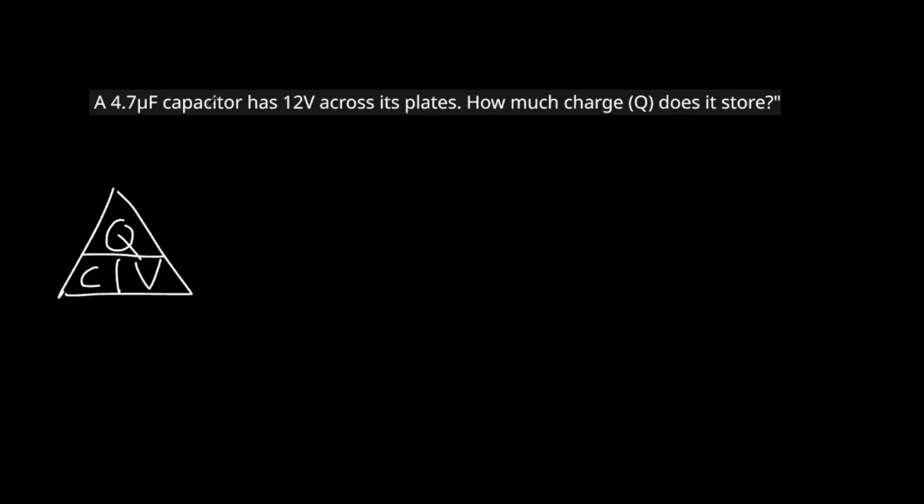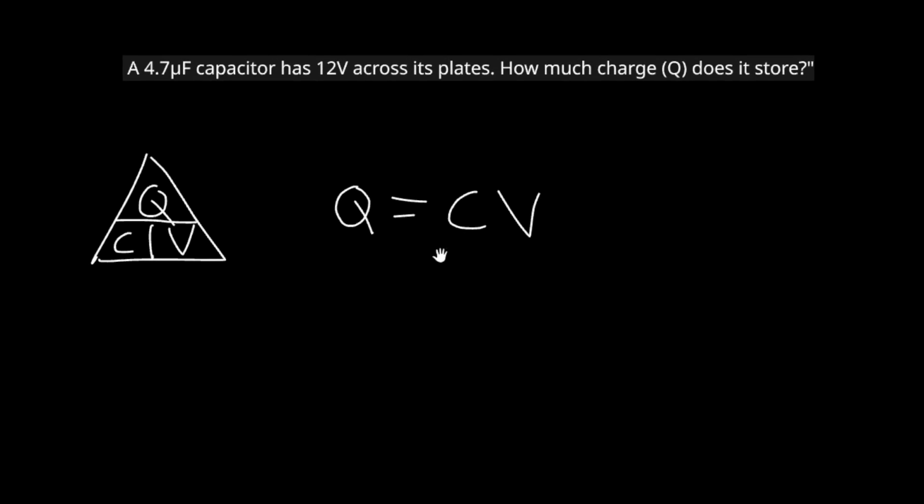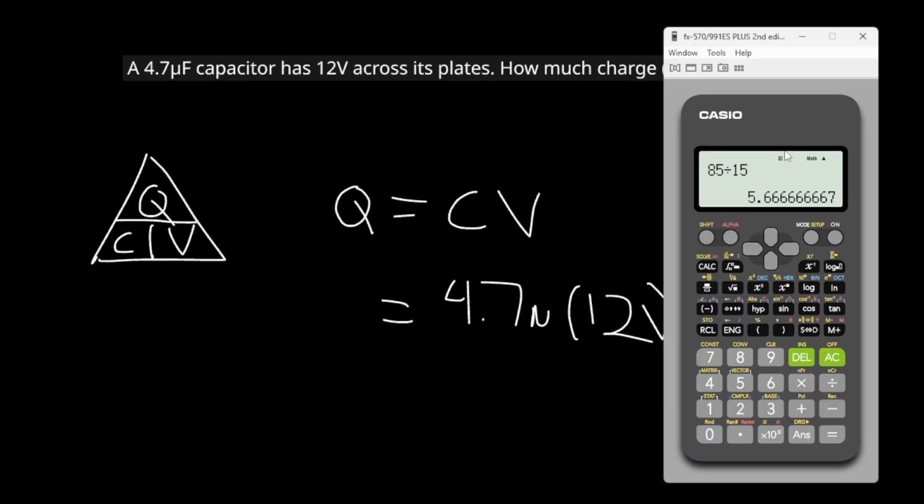We have the capacitance and its voltage, and we're trying to find Q, so let's write Q equals CV. Now we can just plug in the values. So let's do 4.7 micro times 12 volts.